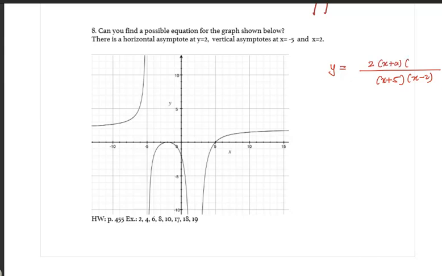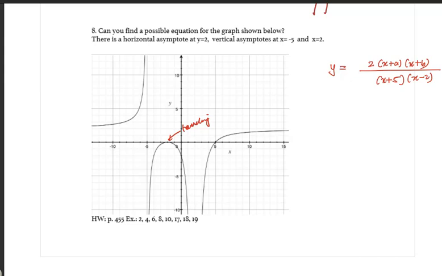Correct? Now, we also know that you can look at the x-intercepts. You know this is touching here. So if it's touching here, what it has to be x squared. So what will it be?